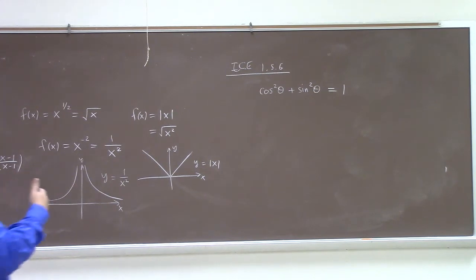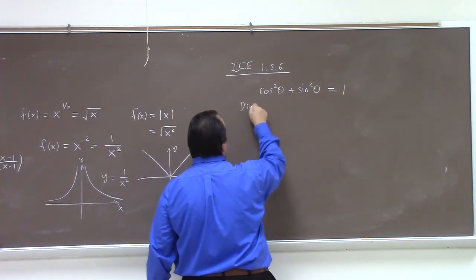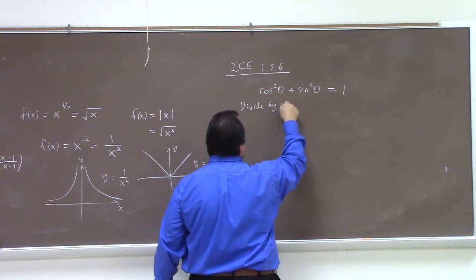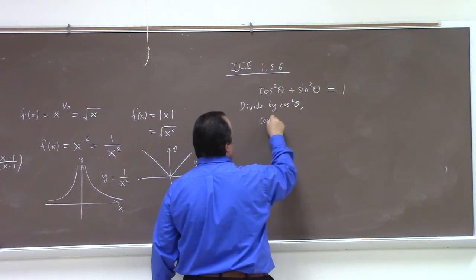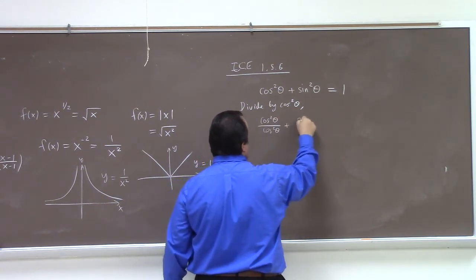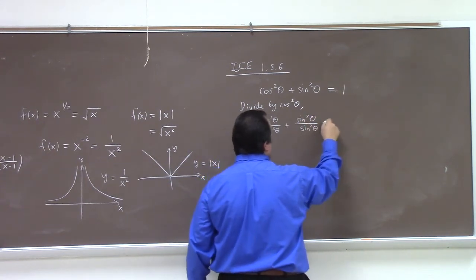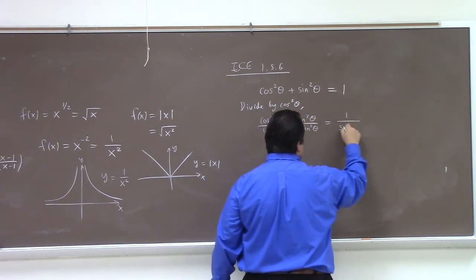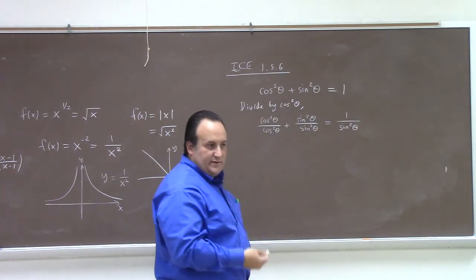Okay, so divide by cosine squared, what do you get? We get cosine squared theta over cosine squared theta plus sine squared theta over cosine squared theta equals 1 over cosine squared theta. So cosine squared over cosine squared is 1, right?